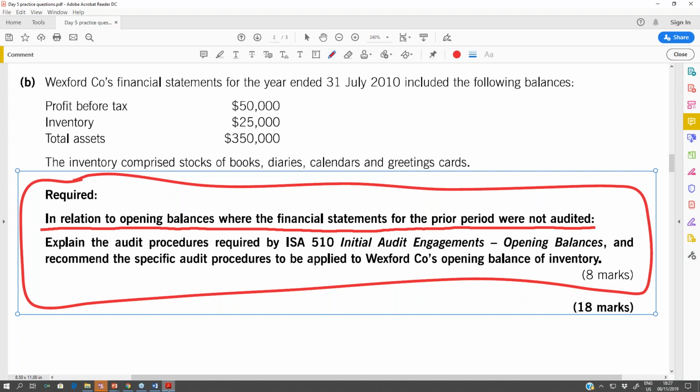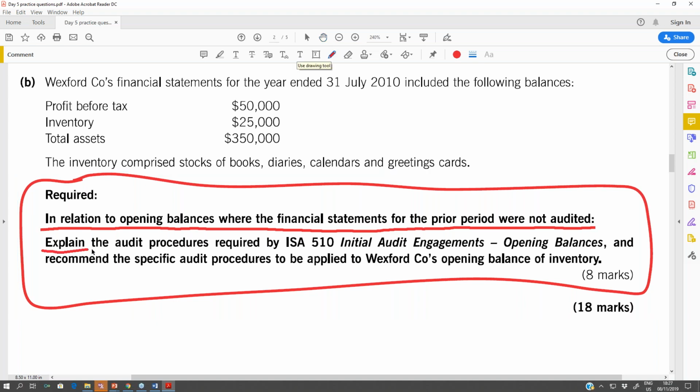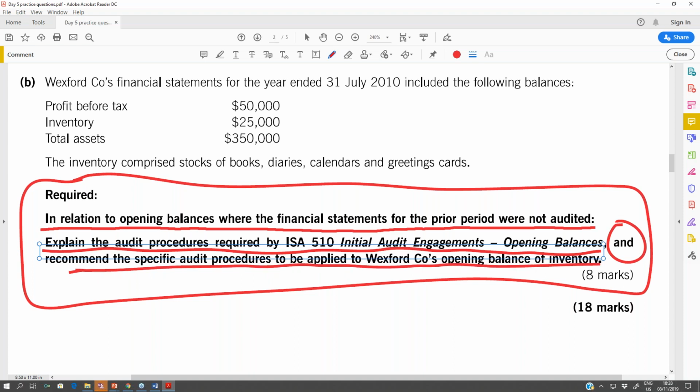See, the examiner is asking you two things. Number one, explain the audit procedures required by ISA 510. Then the examiner wants you to recommend the specific procedures to be applied to the opening balances of inventory.